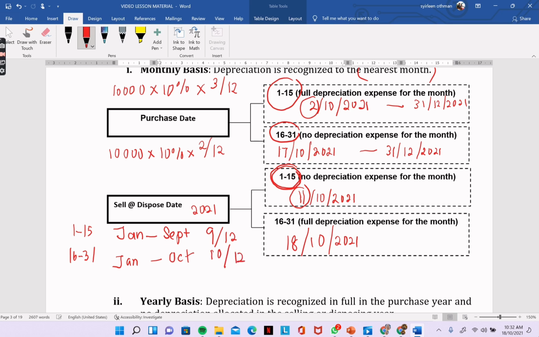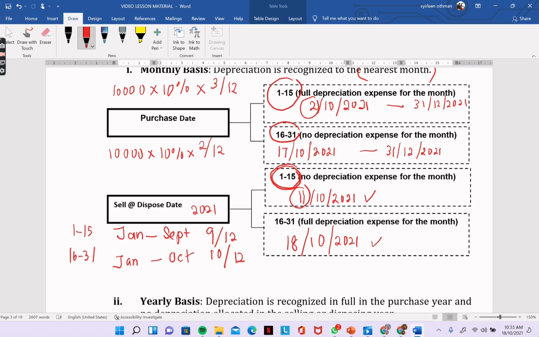Okay, so you boleh nampak beza. This is on the 11th and this is on the 18th. Beza is only 7 days. But if you dispose the item within 1st until 15th of October, that particular month, okay, the calculations will be different from if you dispose the asset within 16 to 31st.